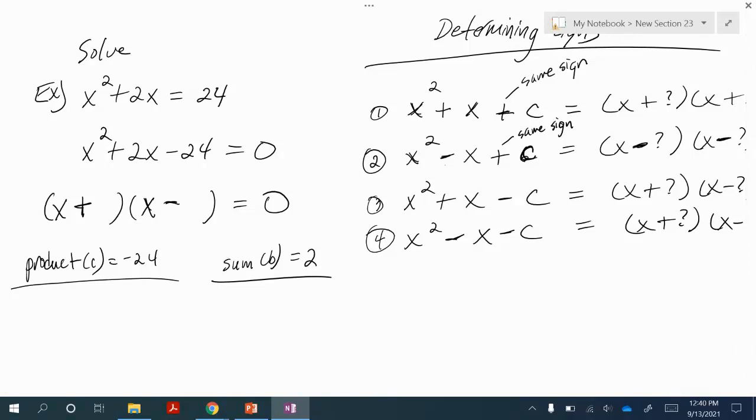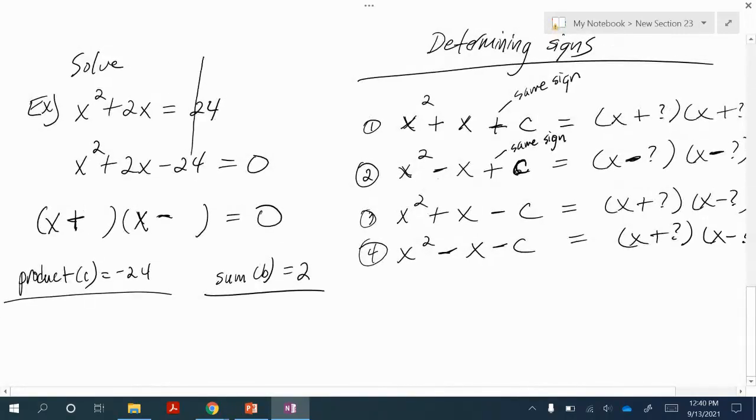So now in order to determine the numbers I need, I will concentrate on the last number, which is 24. I'm going to find all the factors of 24. And I want to find out if there are 2 factors such that when one is positive, one is negative, you get a sum of 2.